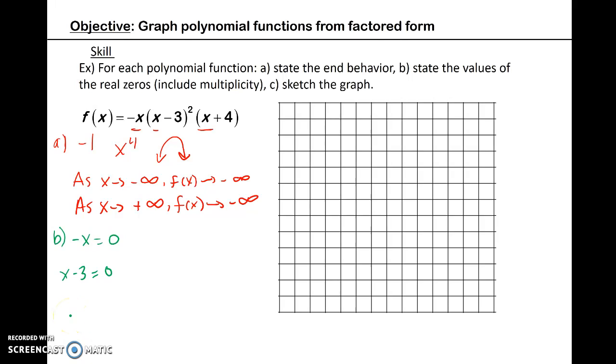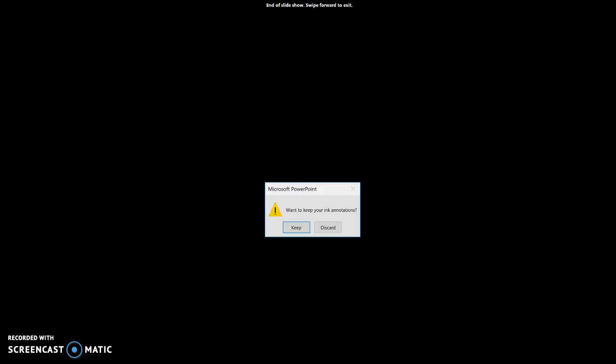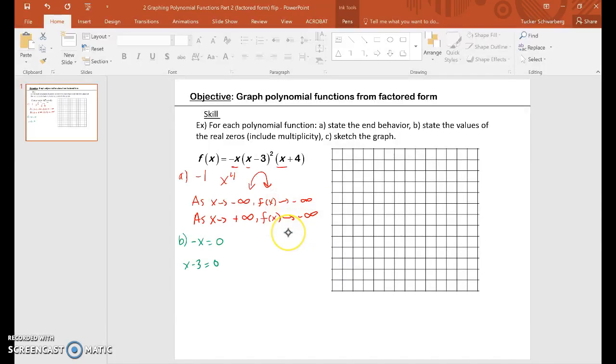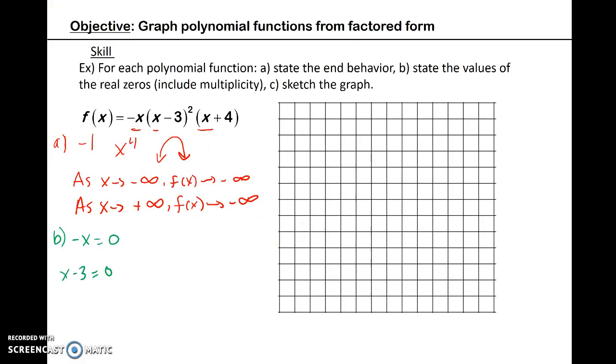I'll take my x minus 3 squared, so I have another x minus 3 equal to 0, and then I have an x plus 4 equal to 0.